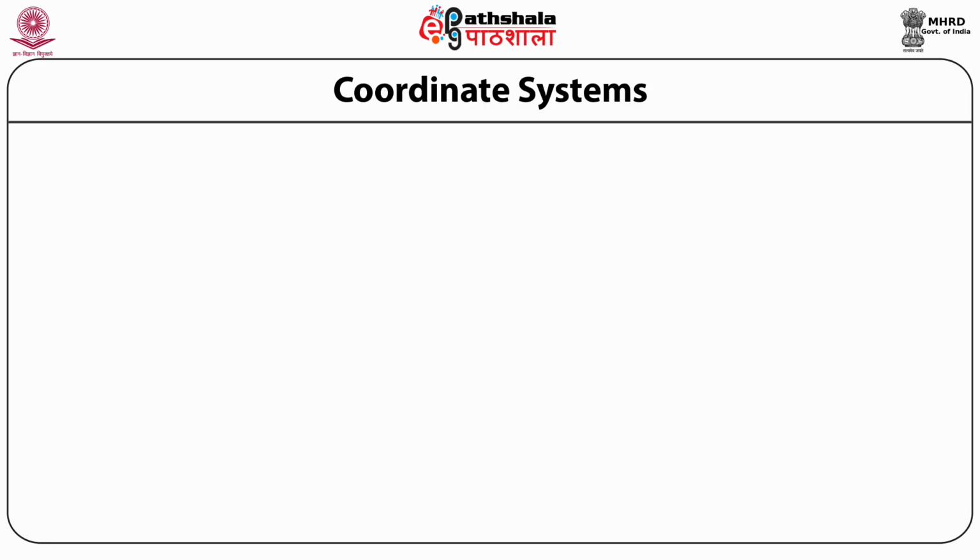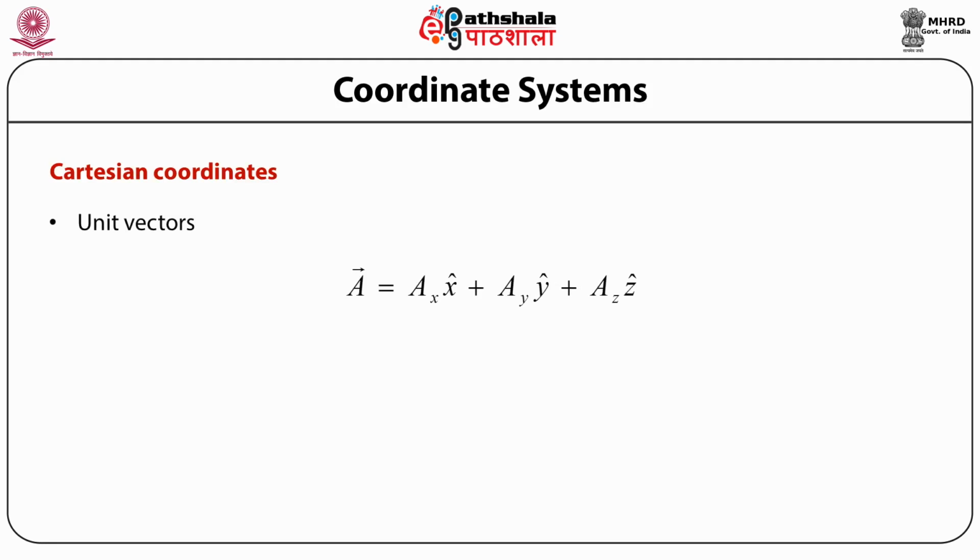So now let us discuss the different types of coordinate systems. We first begin our discussion with the Cartesian coordinate system. So if we take the Cartesian coordinates, then a vector quantity A, that is vector A, can be denoted in terms of the 3 components along the 3 axes and the 3 unit vectors along the 3 axes as vector A is equal to A subscript x times unit vector x plus A subscript y times unit vector y plus A subscript z times unit vector z, where the subscript of A denotes the component of A along a particular direction.